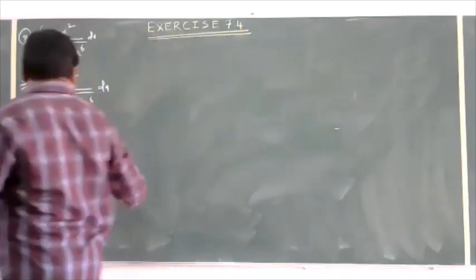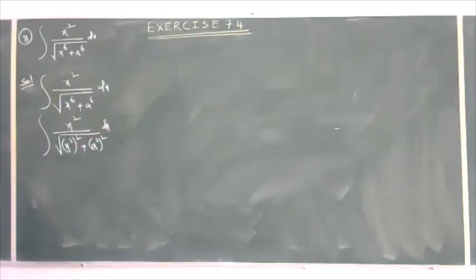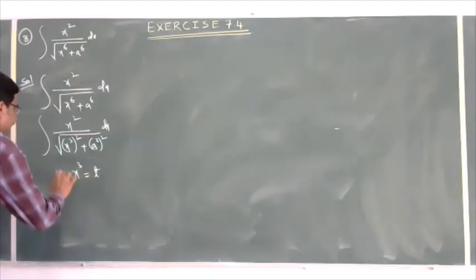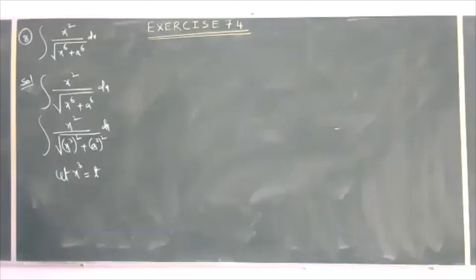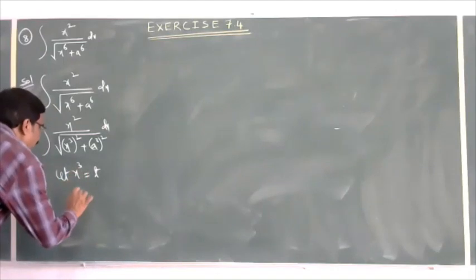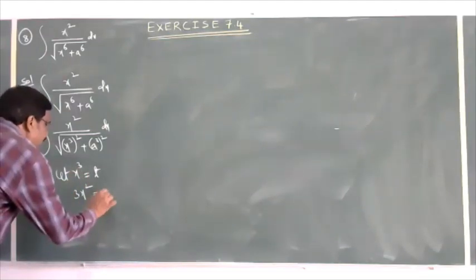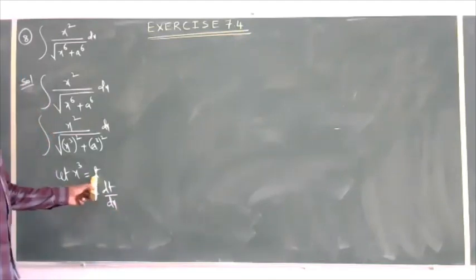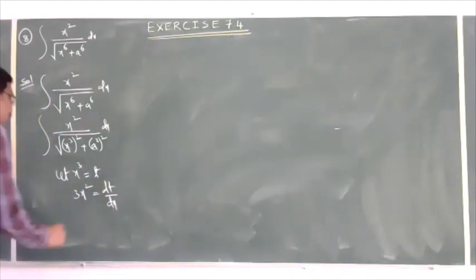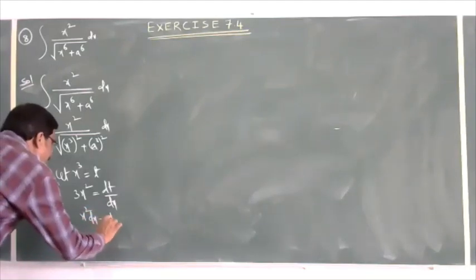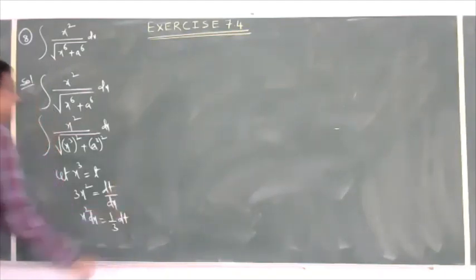Then substitution: let x power 3 is equal to t. Then differentiating both sides with respect to x, x cube derivative 3x square is equal to dt by dx. Then you get x square into dx is equal to 1 by 3 into dt.